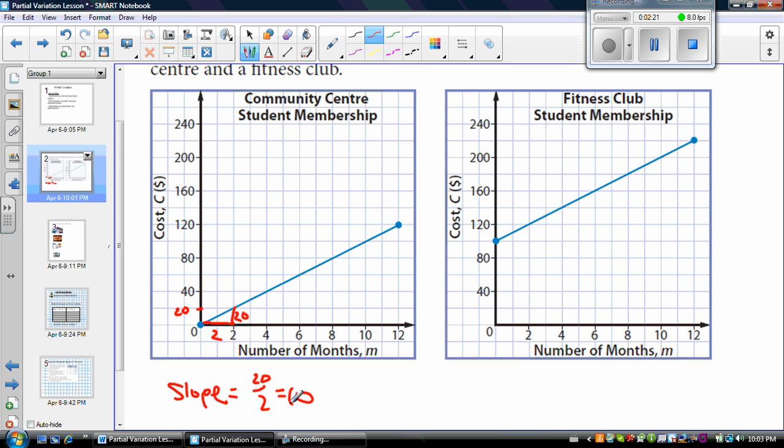Now what does that 10 represent? Well, it represents $10 per month of the membership. So it costs $10 for every month of the membership. And then we go over to this one. We said this was 100.